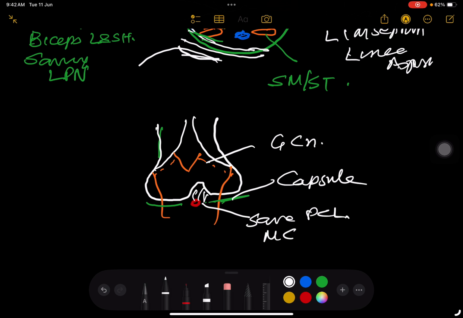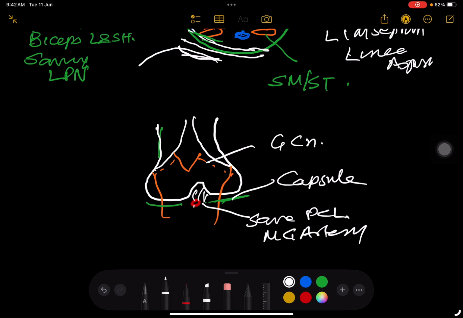and middle genicular artery. Now this damned middle genicular artery plasters the popliteal artery to the posterior capsule, so you can't really see it well, right? So you must really expose it carefully before you do this capsulotomy.